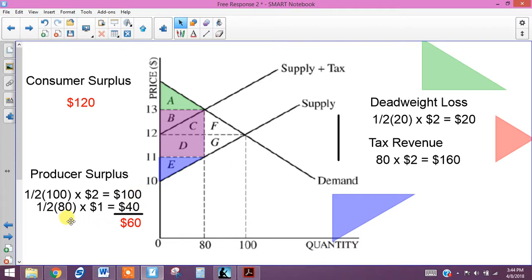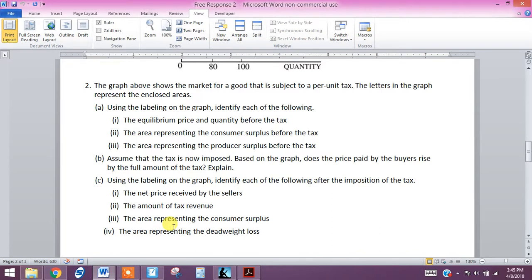And the producer surplus after the tax is imposed is 1/2 base right here, 0 to 80. So it's 1/2 times 80 times the height, which is now 1. So we have a new producer surplus of 40. So you got a loss there of 60. So that's that, right?